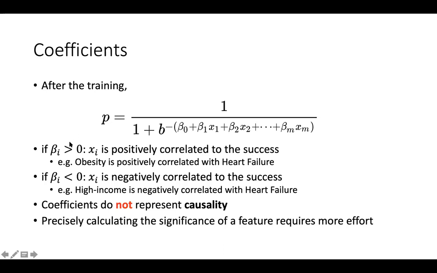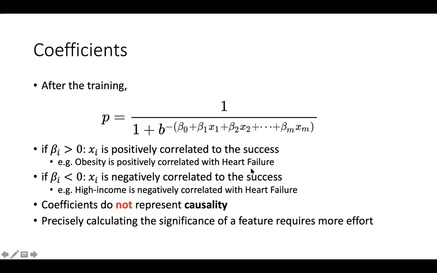In the biomedical or healthcare context, for example, if xi was obesity, whether the patient is obese or not, it's a binary feature. If the patient is obese, it's 1. If the patient is not obese, it's 0. Obese being 비만입니다. obesity는, 이제 비만 환자면 1, 비만 환자가 아니면 0이라는 피처를 갖게 되겠죠. If obesity's corresponding weight was positive, then it means that obesity is correlated with the outcome.